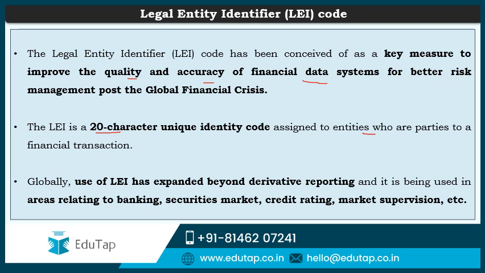Globally, the use of this code has expanded beyond derivative reporting and is being used in areas related to banking, securities market, credit rating, market supervision, etc. So this code has now encompassed all the financial domain and is being increasingly used in different areas.